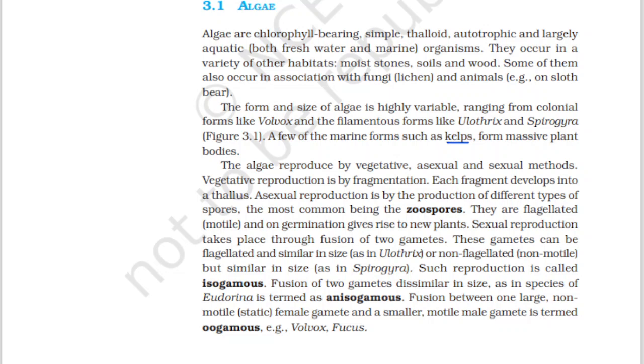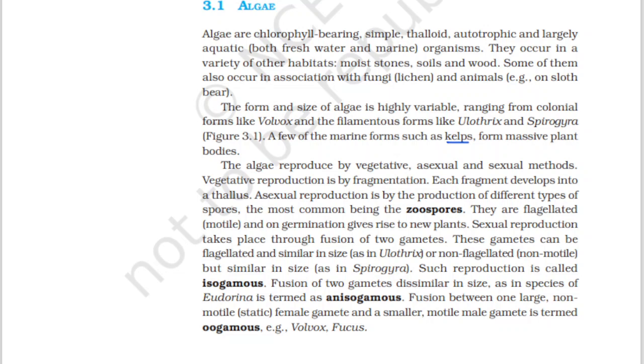When two gametes are dissimilar, not of the same size, as in species such as Eudorina, it is termed anisogamous. Fusion between one large non-motile, that is static, female gamete and a smaller motile male gamete is termed oogamous.